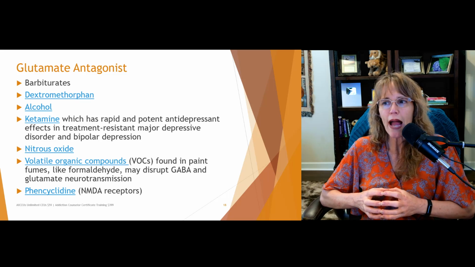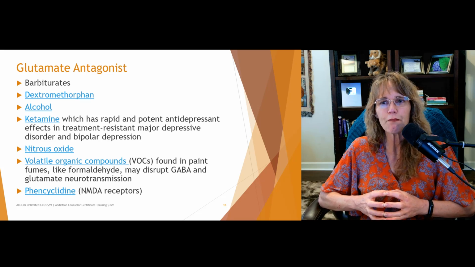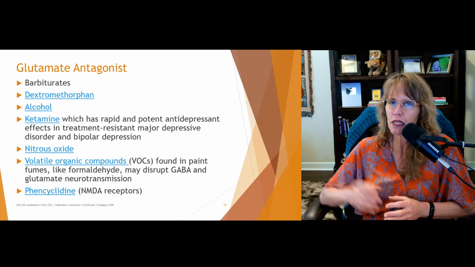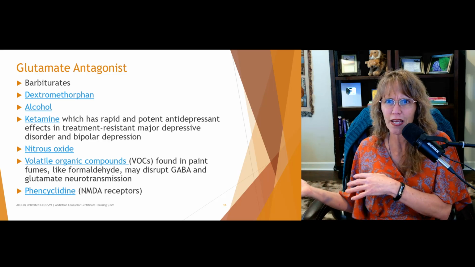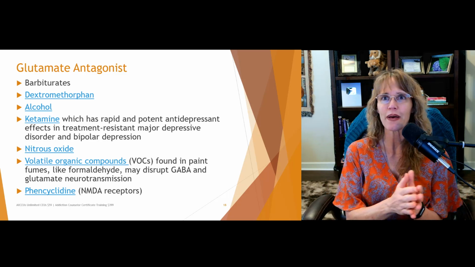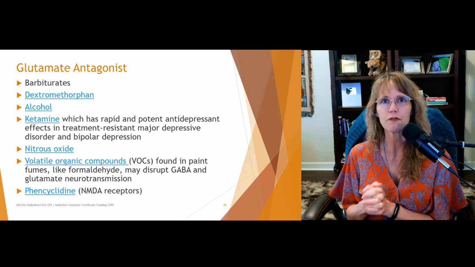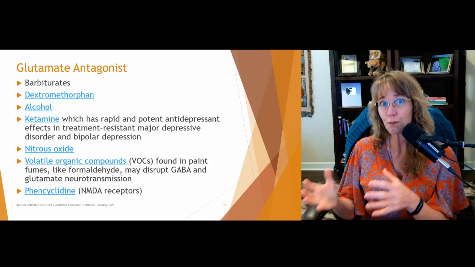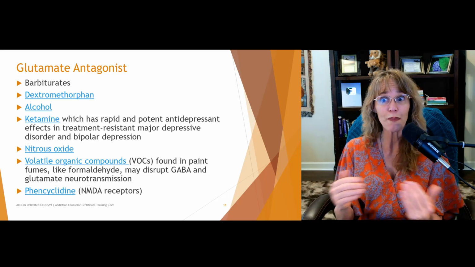Ketamine has a rapid and potent antidepressive effect in treatment-resistant major depressive disorder and bipolar depression. This is another head scratcher for some because they're like, we're talking about glutamate and depression serotonin. No, it's not. If somebody's been on serotonin reuptake inhibitors and norepinephrine reuptake inhibitors and they haven't worked, it could be that their problem actually lies in the GABA glutamate system.